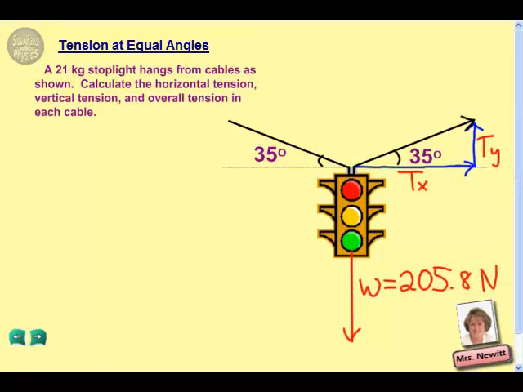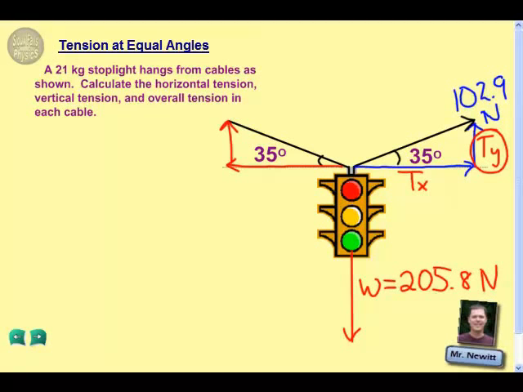Each one of these vertical tension amounts, the one over here and the one on the other side, must each equally share in supporting the weight of 205.8 newtons. And so really all we have to do to find the vertical tension is take the weight divided by 2, and we end up with 102.9 newtons for the vertical tension.